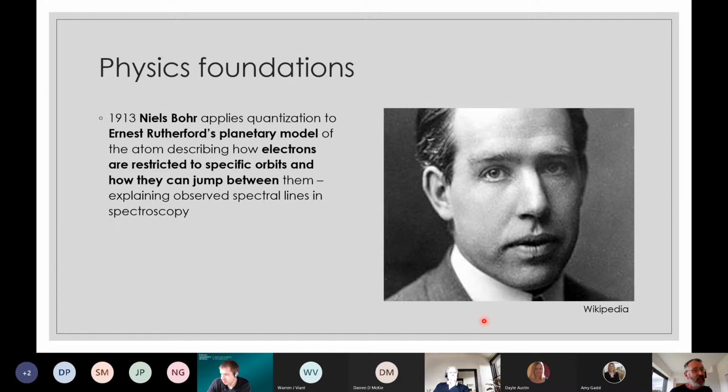Right. A little later on, Ernest Rutherford had developed his planetary model of how atoms work, which I'm sure most of us were taught at school if we did physics at GCSE, which basically gave the impression that you had a nucleus with electrons going around in nice little orbits, just as the solar system works.